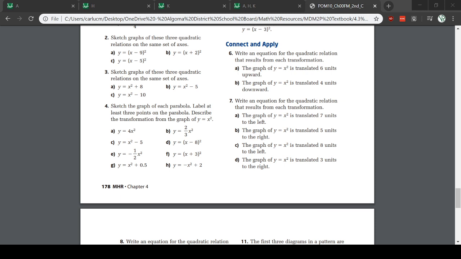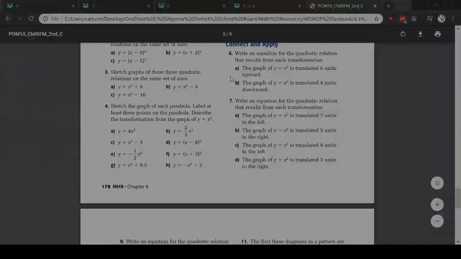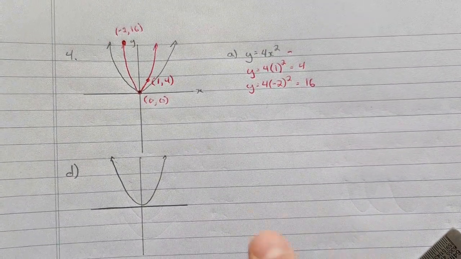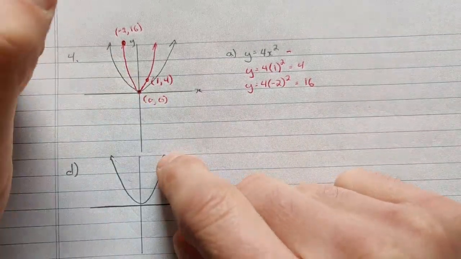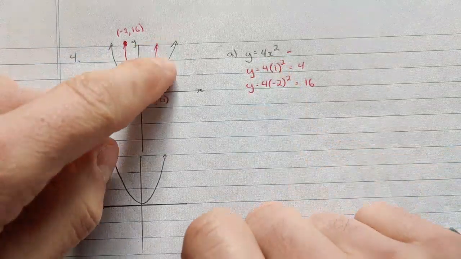So I've got this whole thing happening. I have to draw the base parabola, and then we want to shift that left, right. So for A, I have my base parabola.